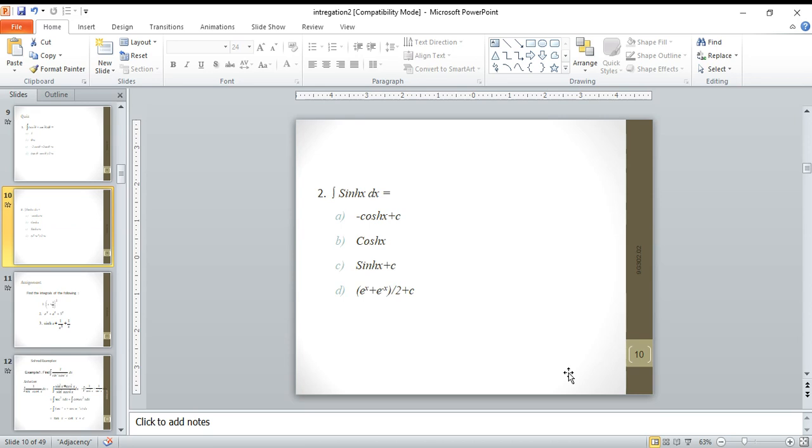Here B, just cos hx, is not correct. A, minus cos hx plus c, is not correct. C, sin hx plus c, is not correct. e power x plus e power minus x by 2 is the hyperbolic function cos hx. D is the formula of cos hx, e power x plus e power minus x by 2 plus c. So D is the correct answer.